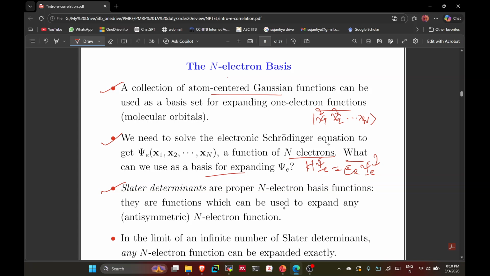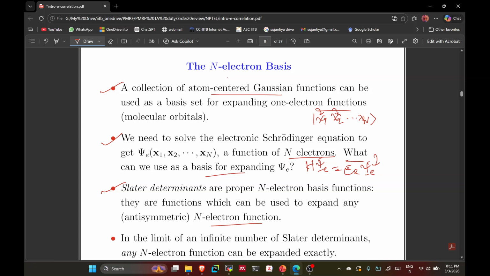They are the functions which can be used to expand any electron function. Now what is the prerequisite of a basis set to be a complete basis set, right?